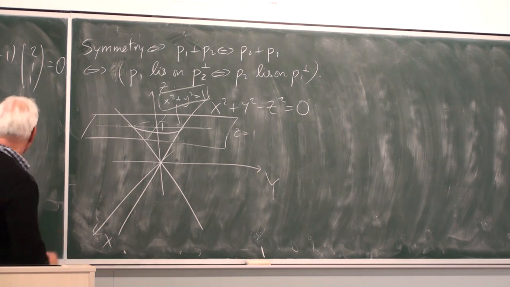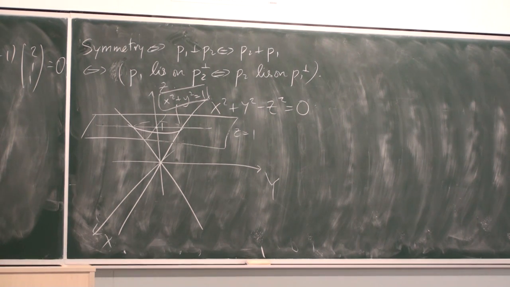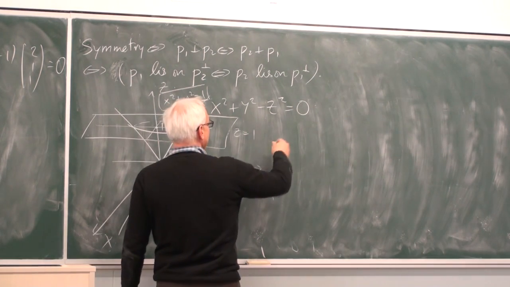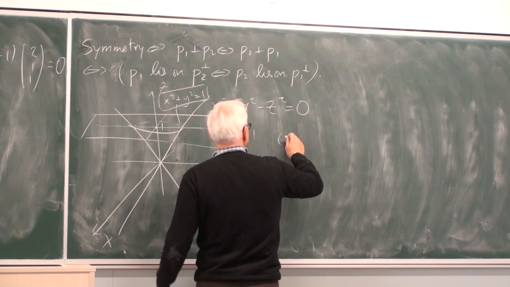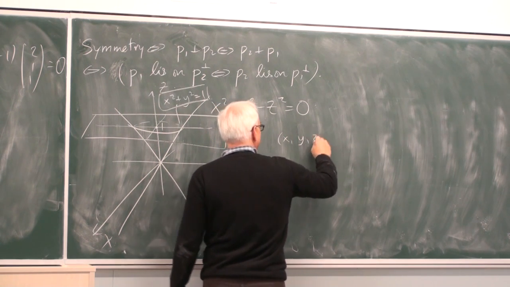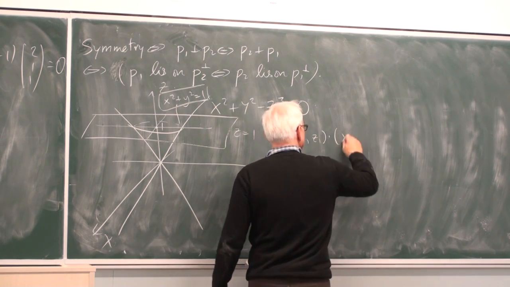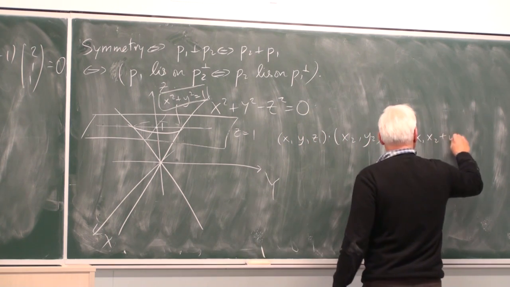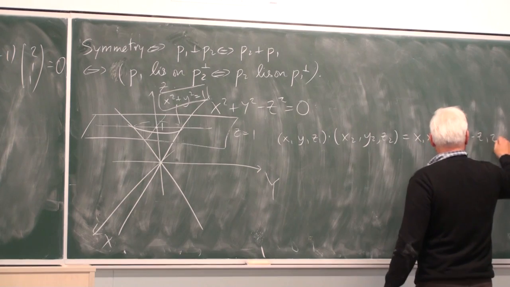And the dot product that's underlying here, the one we talked about before, (x1, y1, z1) dot (x2, y2, z2) equals x1 x2 plus y1 y2 minus z1 z2.